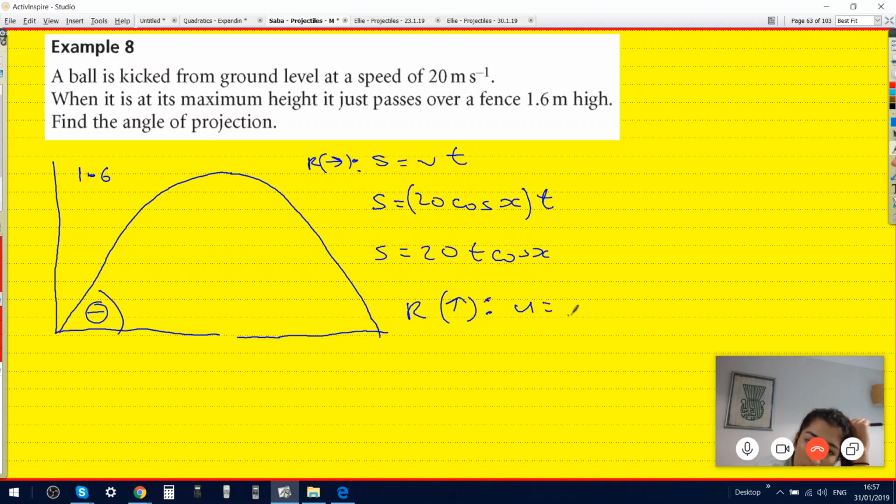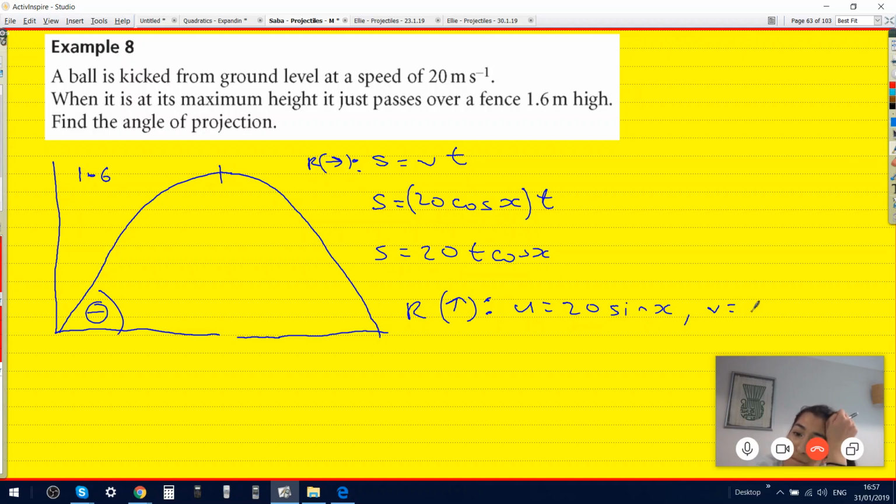So u is 20 sine x. So at the maximum, what is v? 1.6.